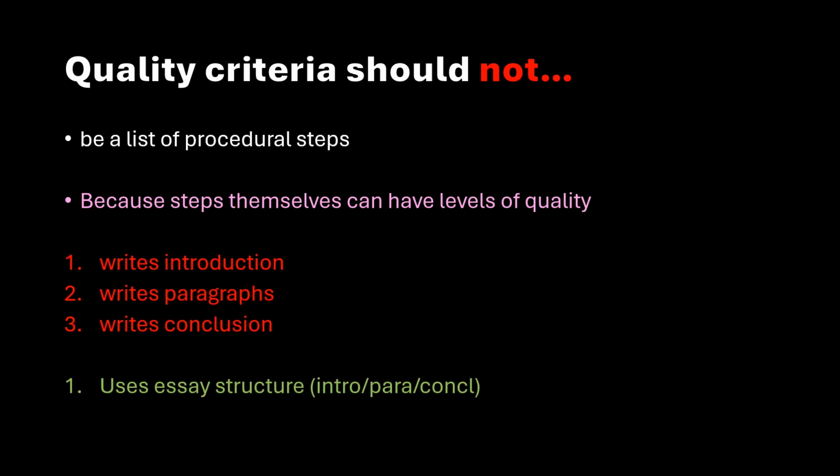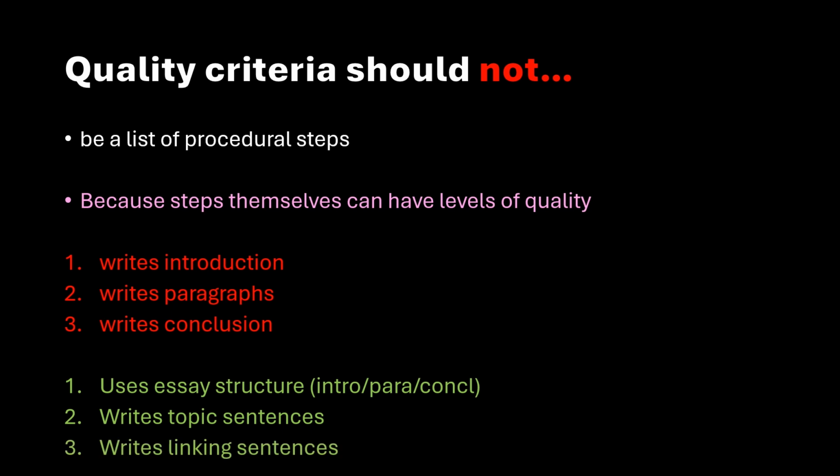So if we were going to be talking about essay structure overall, the lowest level is simply having the ingredients, and then higher levels, we've found, marking lots of essays, that students, once they've got the structure in place, then start to develop the ability to write topic sentences and linking sentences. This is in the paradigm of teaching TEAL essay structure.